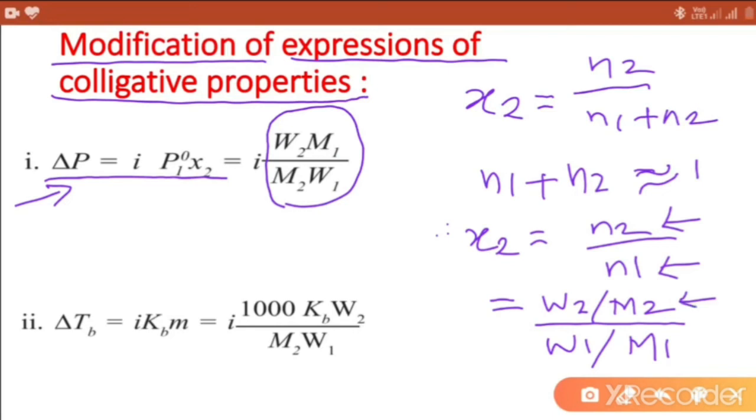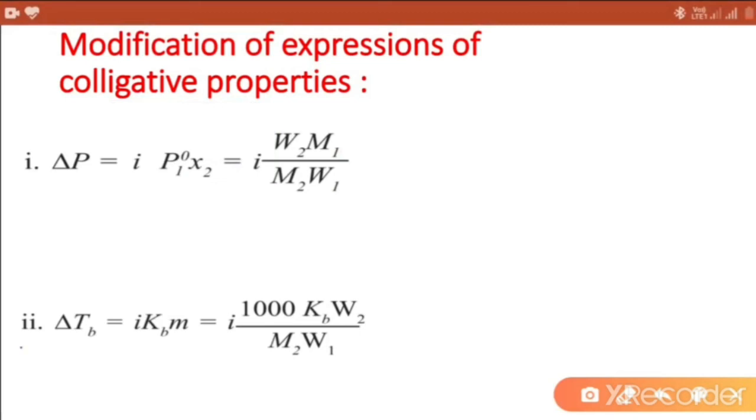By transferring this M2 to the denominator and M1 to the numerator, we get this equation: i into W2 M1 divided by M2 W1.